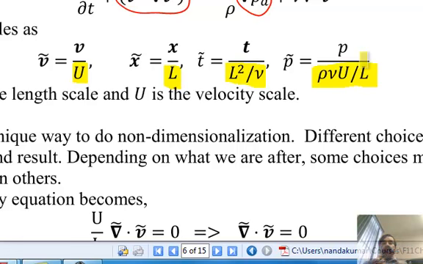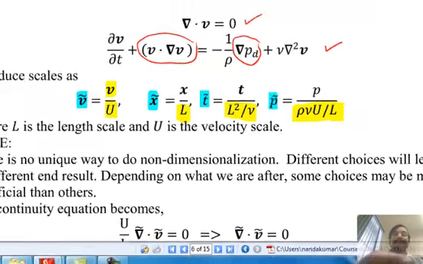So choosing these as our dimensionless variables, I'm going to define V tilde as V, the dimensional variable, divided by U. So that makes V tilde dimensionless. X divided by L makes X tilde dimensionless. So T tilde is dimensionless, P tilde is dimensionless. Okay?